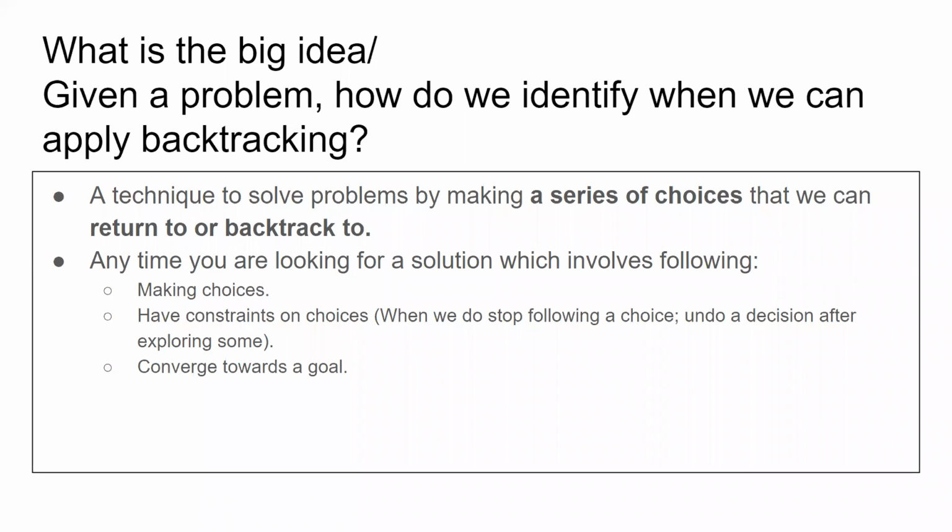And in terms of identifying a problem, what are the typical characteristics of a backtracking problem? I think we covered this in the two suggestions you all had. It's about, you have a range of choices. And then in the problems we have today, we'll also see the idea of constraints.